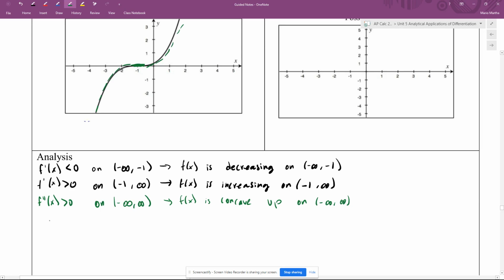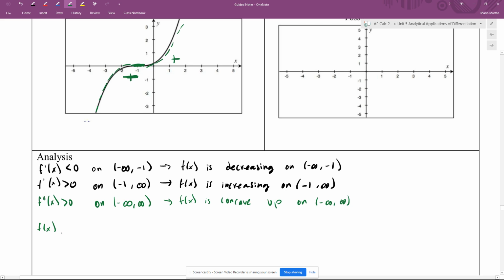So from there, we're going to look at what's happening to f of x, where does it have relative extrema. In this case, f of x has a relative extremum at -1, because that's where it changes from negative to positive.